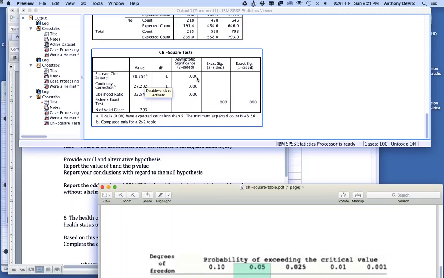You see it as 0.000, but it's not really 0. It's really less than 0.001. So it's very unlikely you would get this outcome, and you could feel quite safe rejecting the null hypothesis. The real key here is that this needs to be greater than 3.84, and this needs to be less than 0.05 for you to reject the null hypothesis.